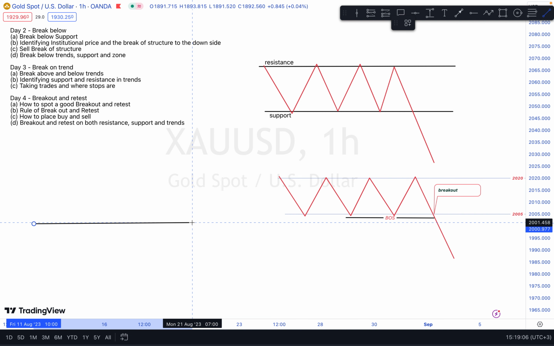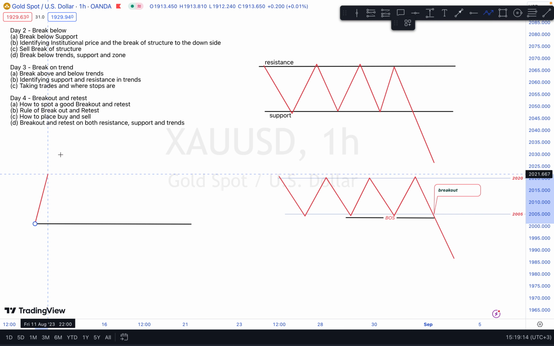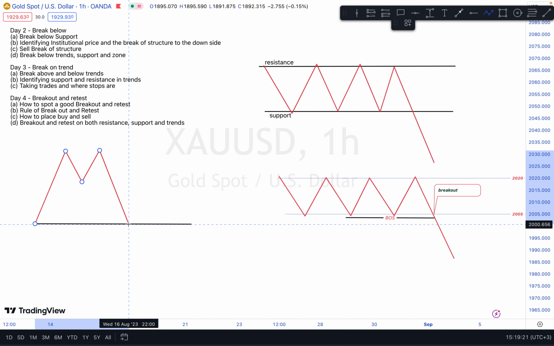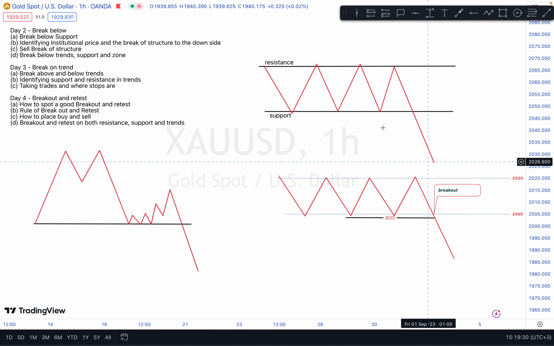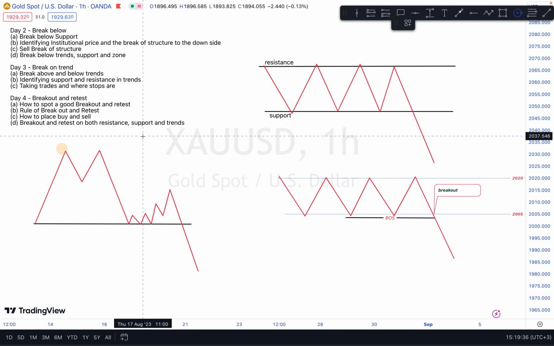head and shoulders, or a double top. For a double top, we have a situation like this. We can identify this to be the first top, and this to be the second top.